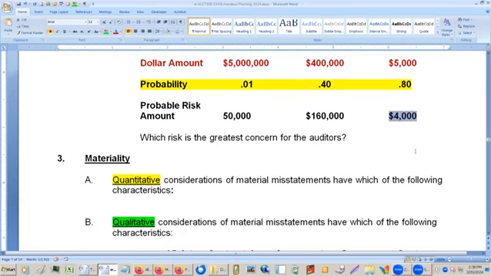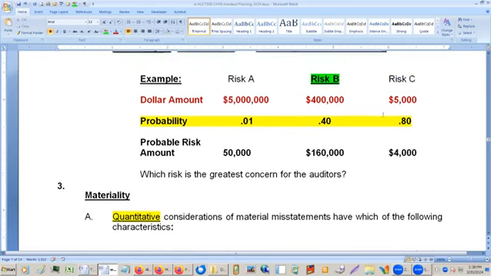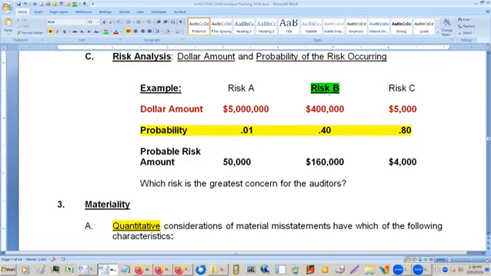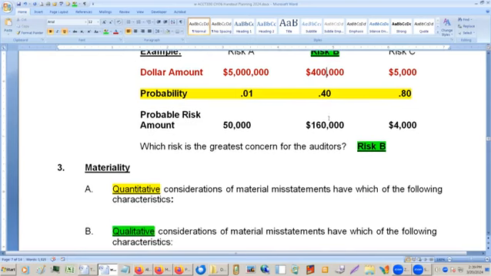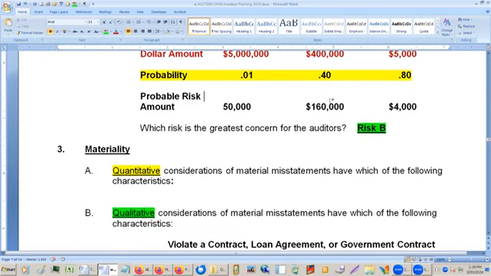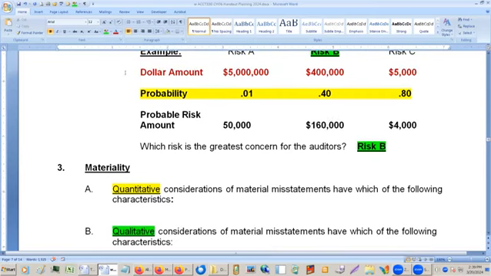Even if it was 5,000, if it was 100%, it wouldn't be that big of an amount. So risk B is the one that we would focus on. It's fairly likely and it's a fairly high amount, at least relative to the other risks we have here. So we don't just go by the dollar amount. There's always this probability part to it.